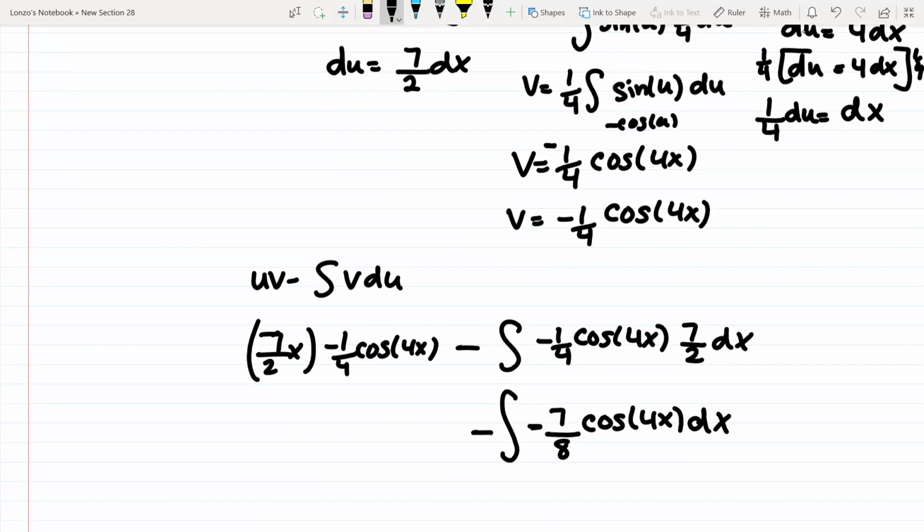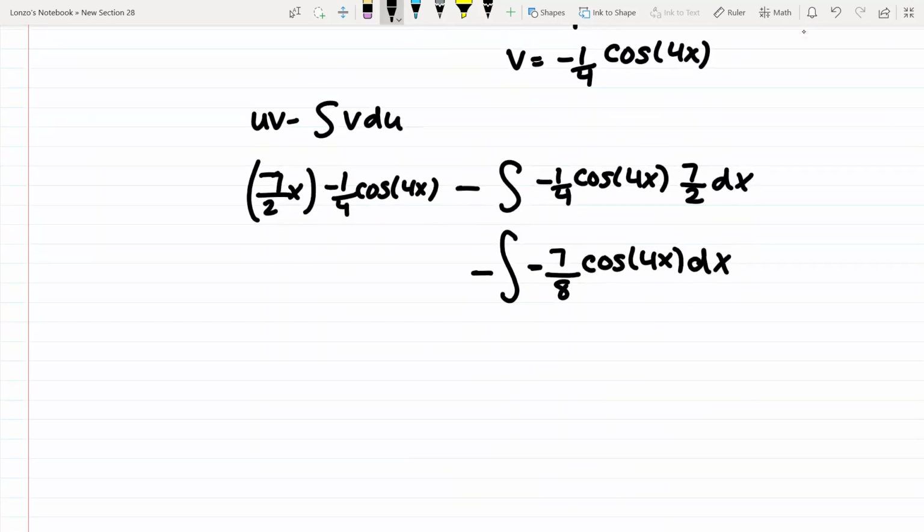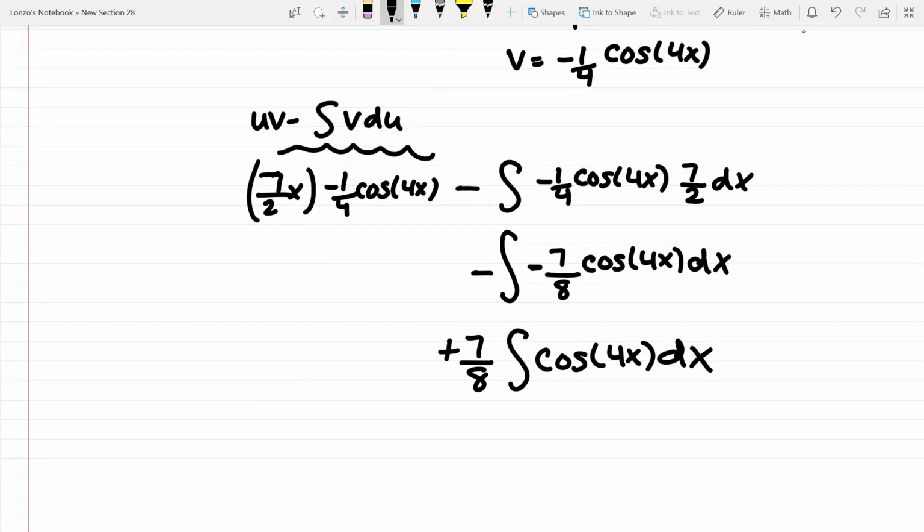You have a minus, and two negatives become a positive, and you can put that 7/8 in the front, so that's 7/8 cosine of 4x dx. And then maybe I can clean this up. So this would be negative 7/8 x cosine of 4x.